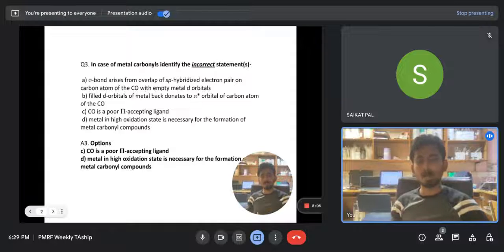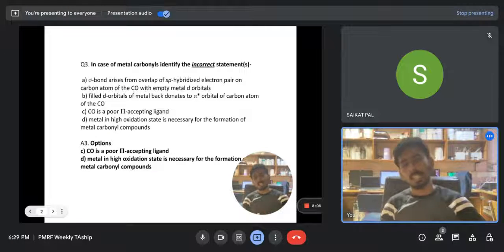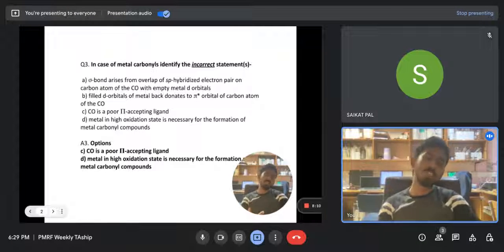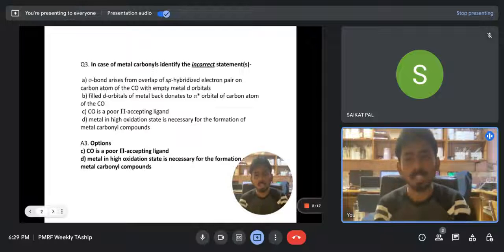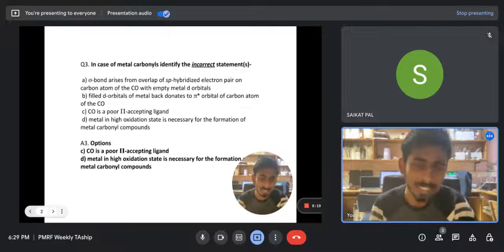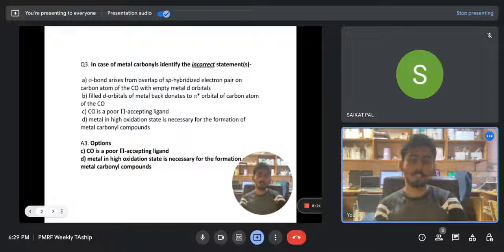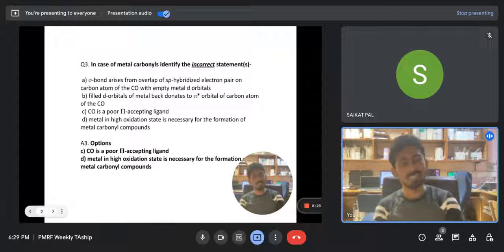Oxygen already has a Pauling scale electronegativity of about 3.5, and if you put a positive charge on oxygen, then it will act as a more electronegative element. That's why the electron density dragging property of CO is more. That's why it's a very strong pi acceptor ligand.